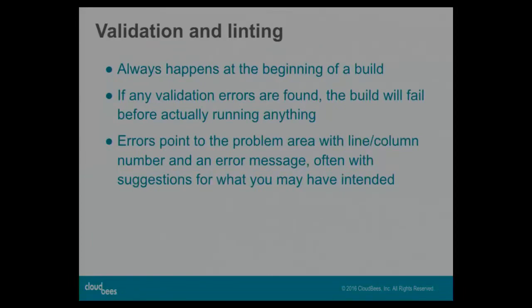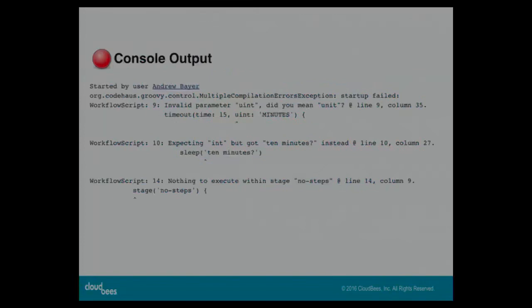And the errors point to the problem areas with line and column number, with what I hope is a useful and internationalized, though not yet localized, error message, hopefully with suggestions to point you in the right direction.